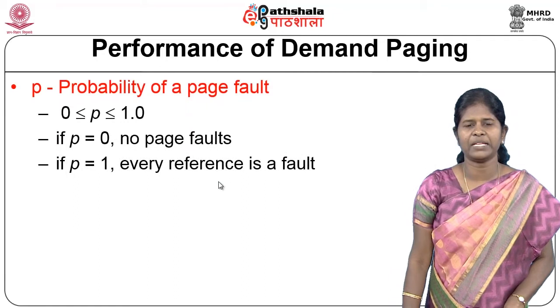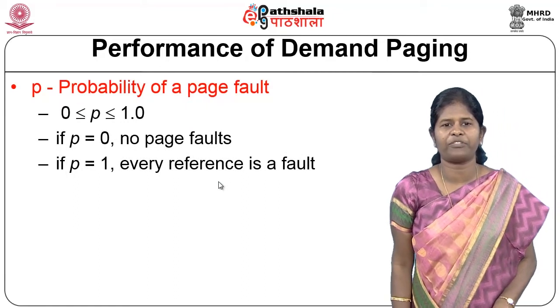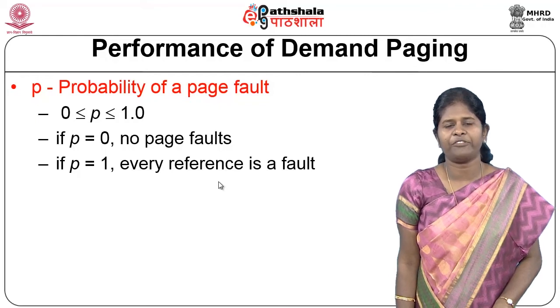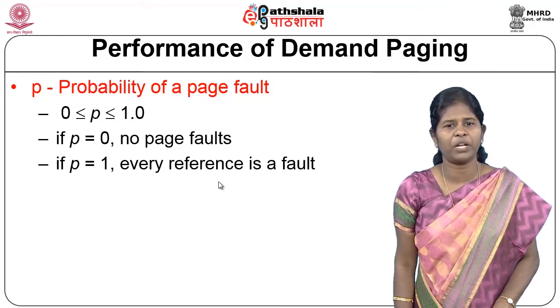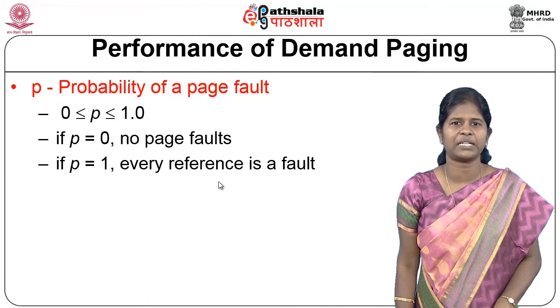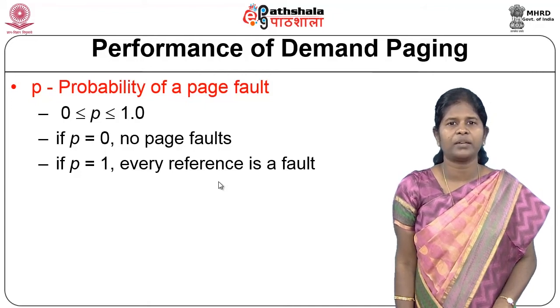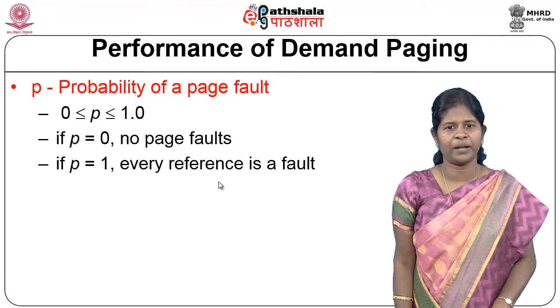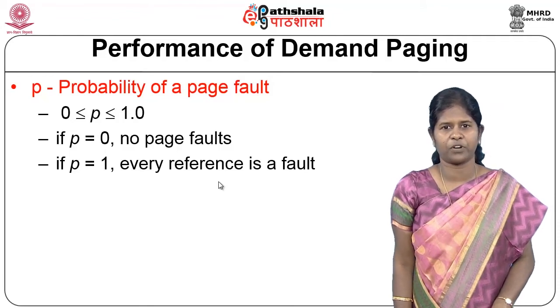So, if P is the probability of page fault, P can take values between 0 and 1. If P is 0, it means that there is no page fault at all. If P equals 1, then every reference is a page fault.